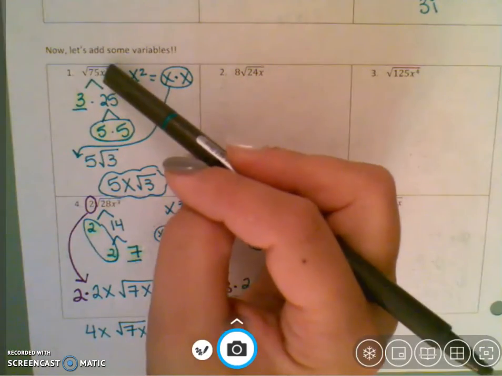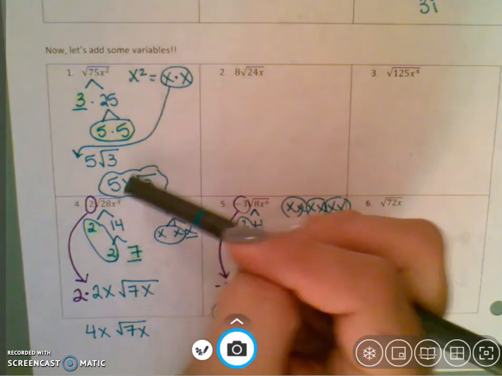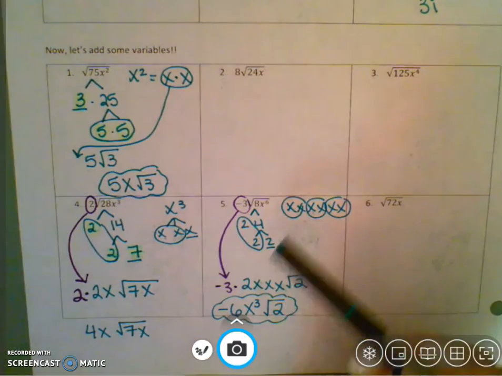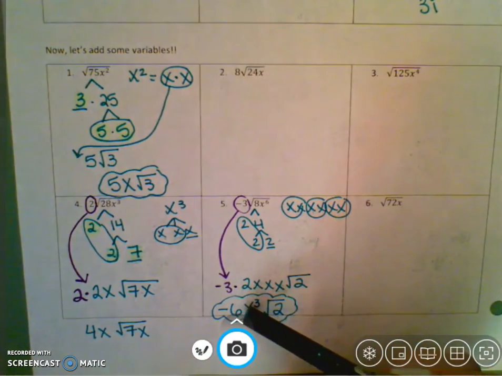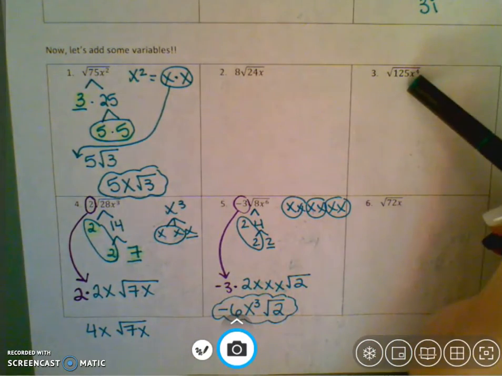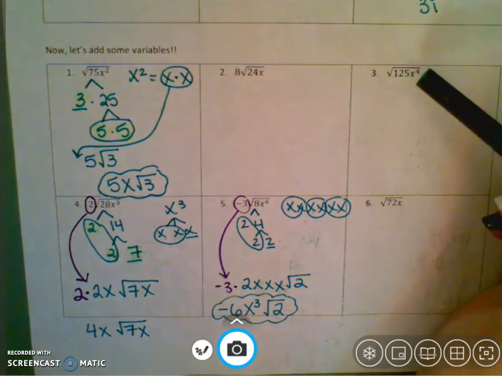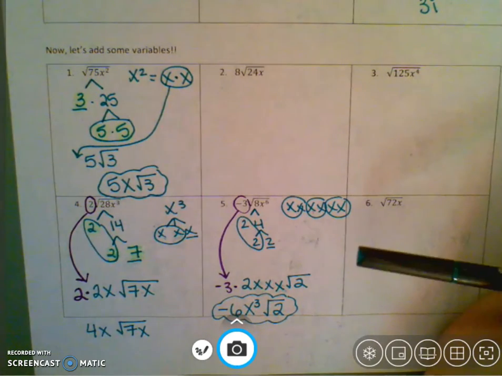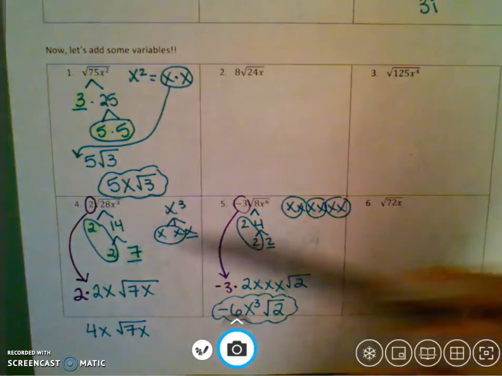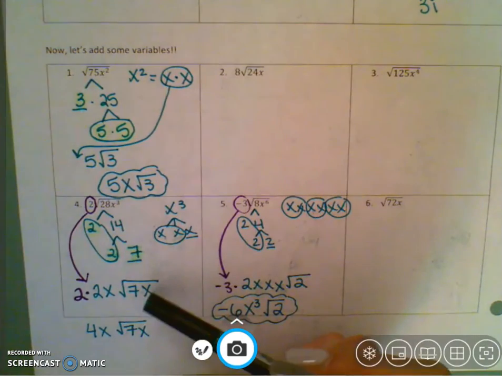So here, x squared, 2 divided by 2 gives you a 1. 6 divided by 2 gives you a 3. Up here on number 3, it's an x to the 4. So x to the 4 divided by 2 is going to give you an x squared on the outside. The only difference if it's odd is you have one guy left over. So you take one off and then divide by 2.